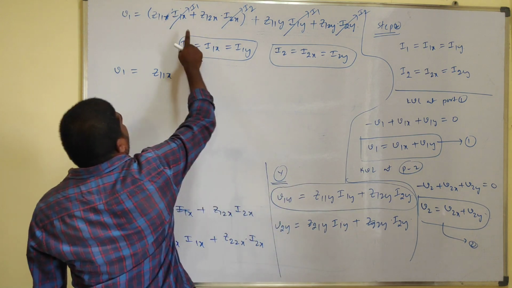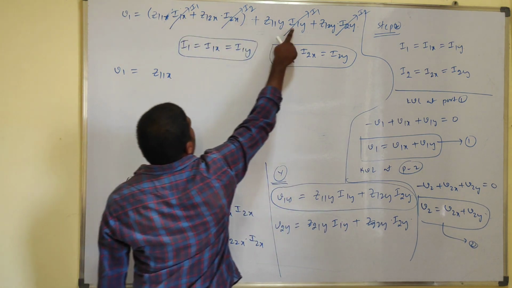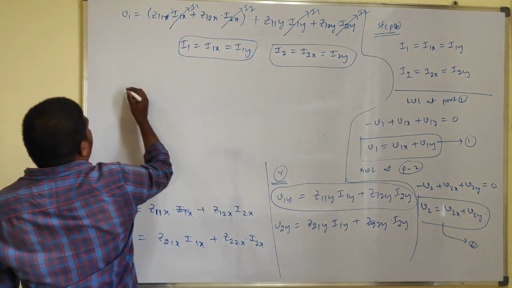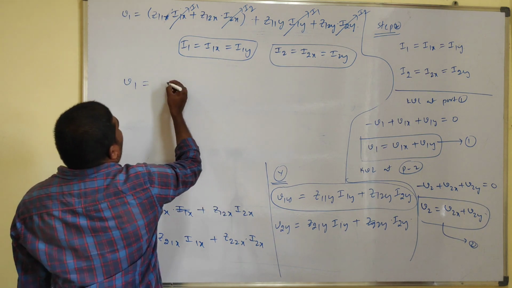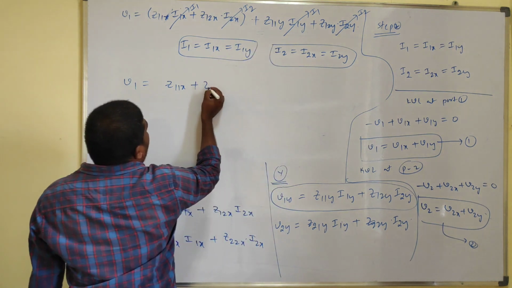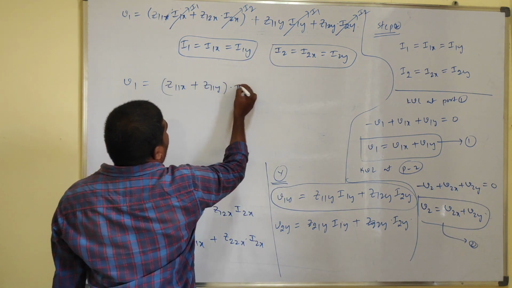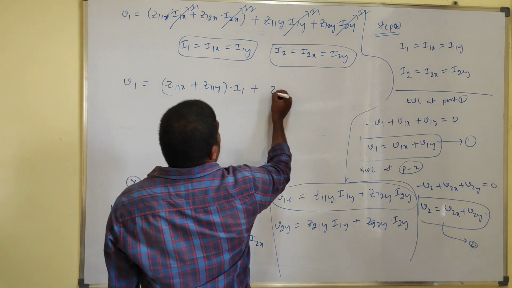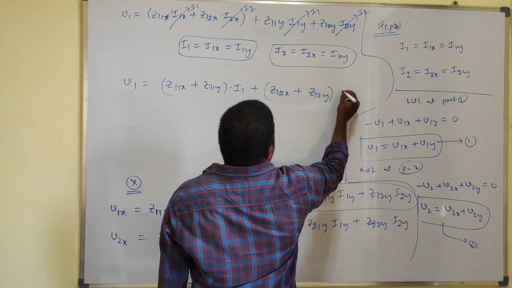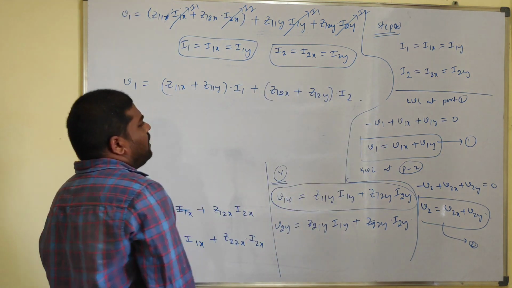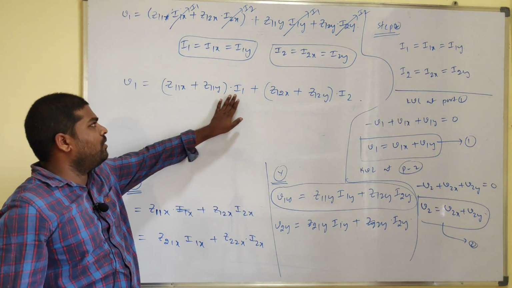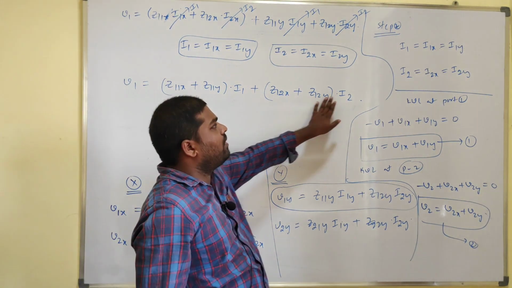Now take the common factor I1 and I2. So I can directly write V1 equals Z11x plus Z11y into I1, plus Z12x plus Z12y into I2. This is one equation.